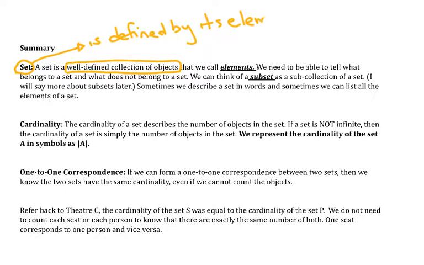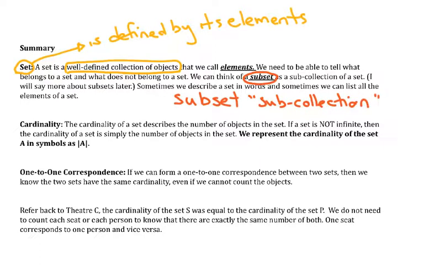So we need to know what belongs to a set and what does not. We'll also talk about subsets. And for now, we can think of a subset as sort of a sub-collection, a smaller collection of the things in a set.